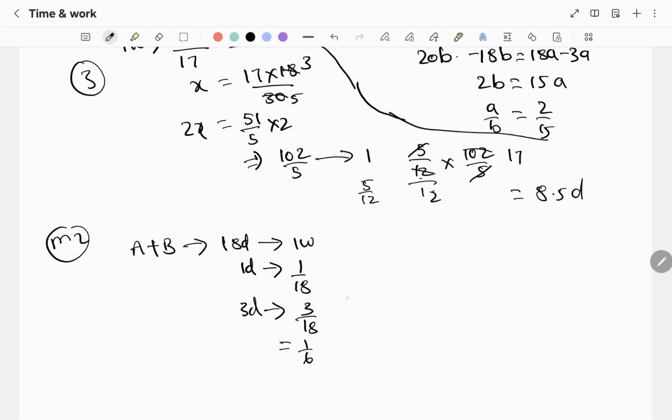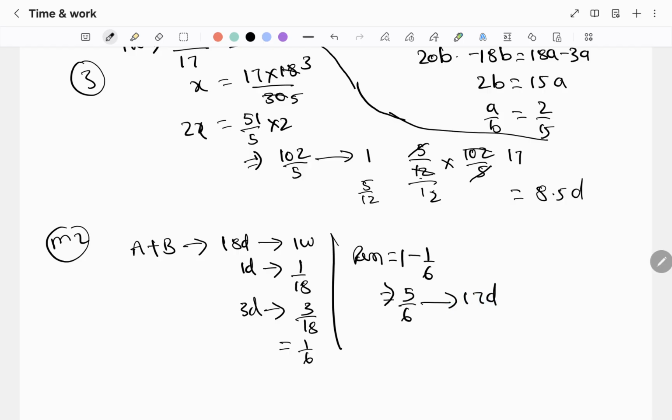The remaining part is 1 work minus 1 by 6, which is 5 by 6. This 5 by 6 was completed by B in 17 days.